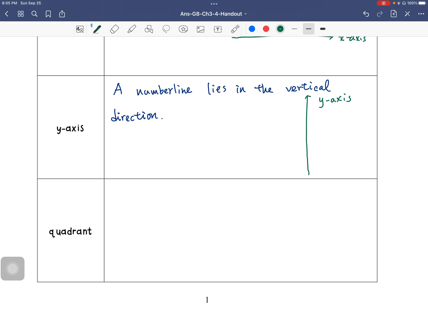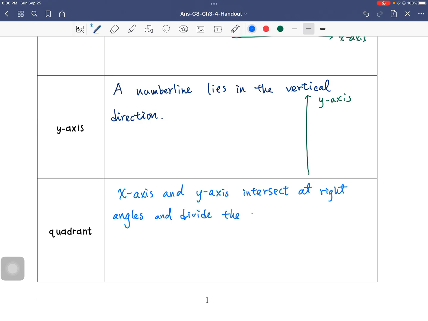The x-axis and y-axis intersect at right angles and divide the plane into 4 quadrants.